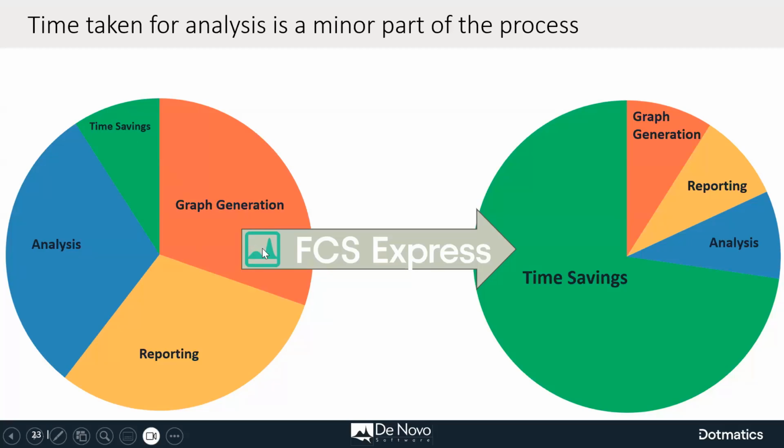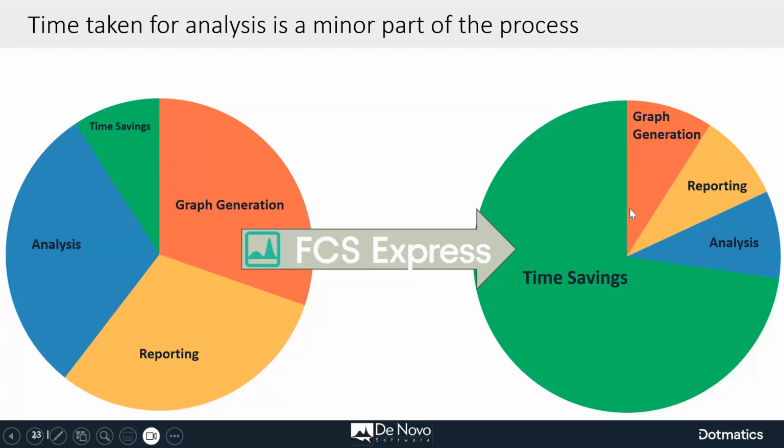But if we move that over to FCS Express, what we expect you to see is that things like graph generation, reporting, getting statistics aligned with data, and the actual analysis, by using batch processing and our efficiencies, those time portions really, really shrink using FCS Express, right?